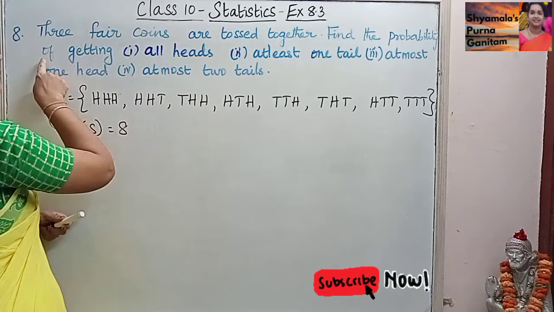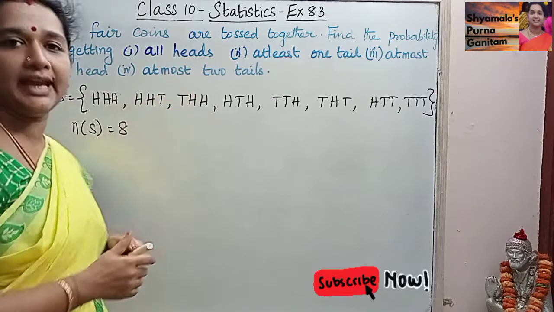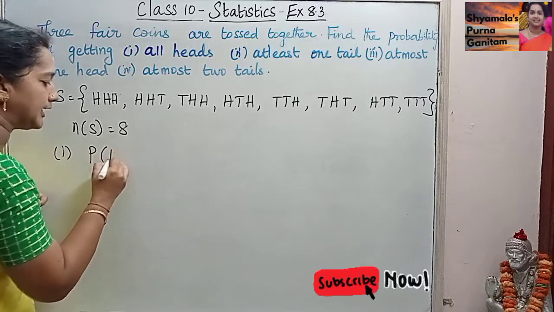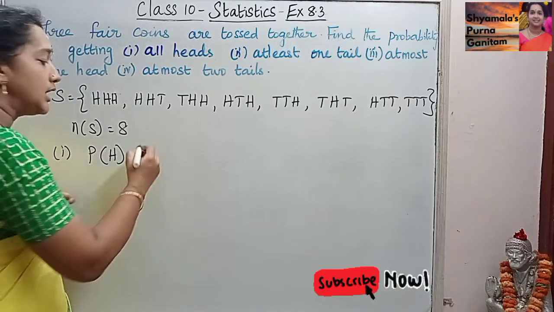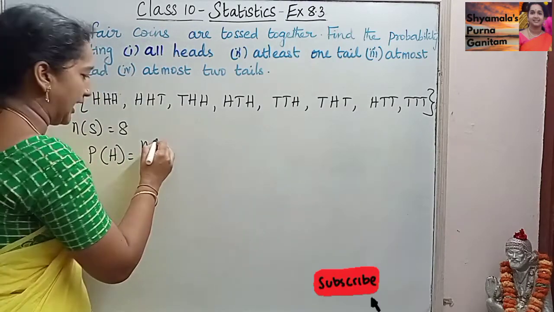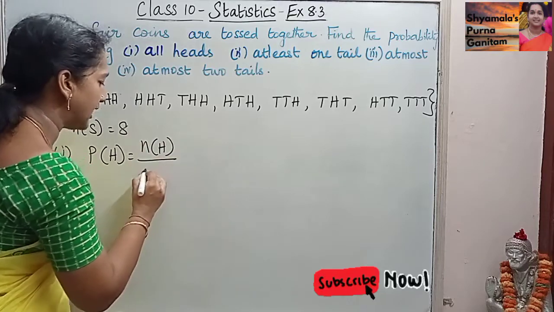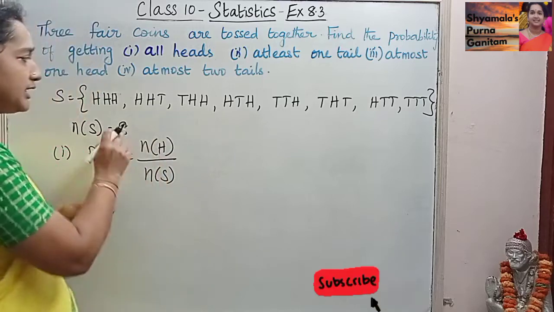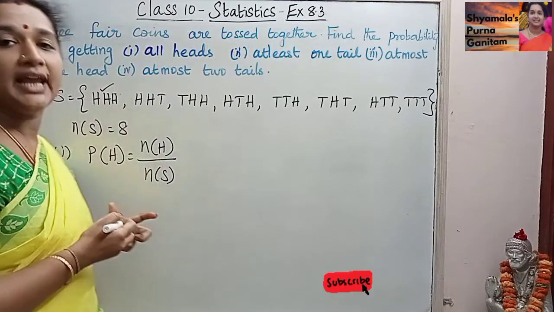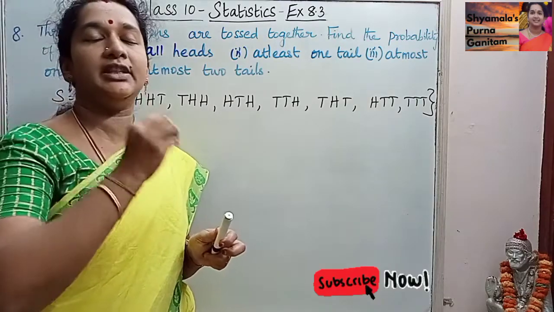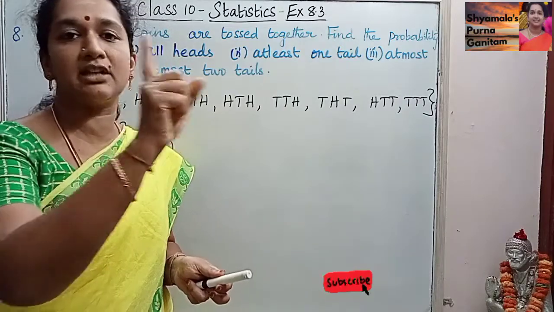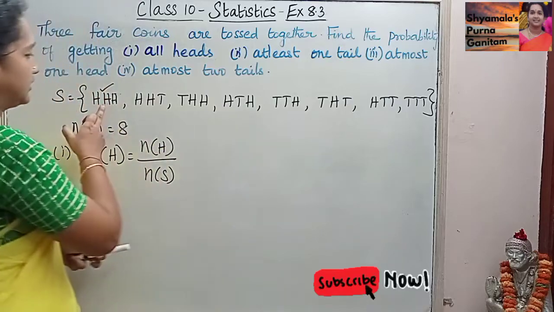Then find the probability of getting all heads. The probability of getting head will be number of elements with head, n of h, by n of s. So n of h will be all heads. When 3 coins are tossed, if we are getting all heads, there is only one outcome like that.